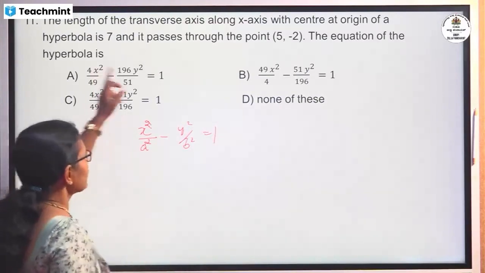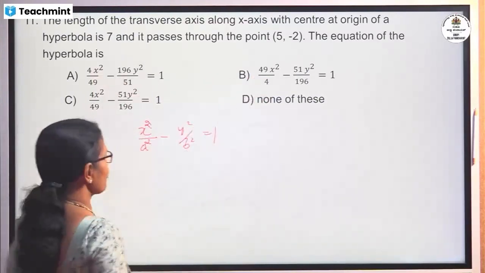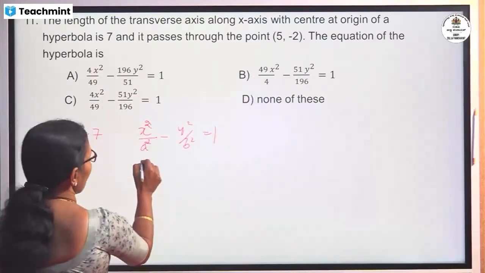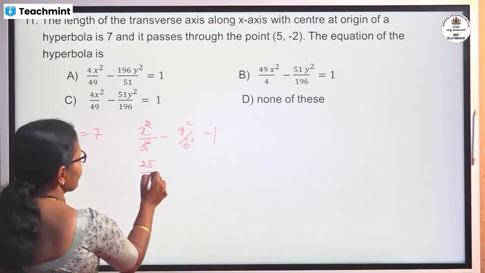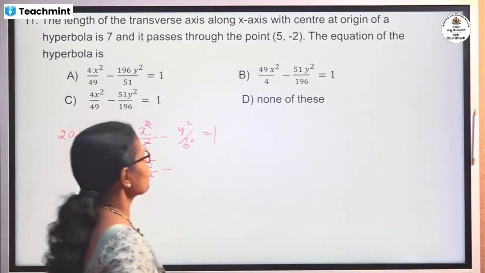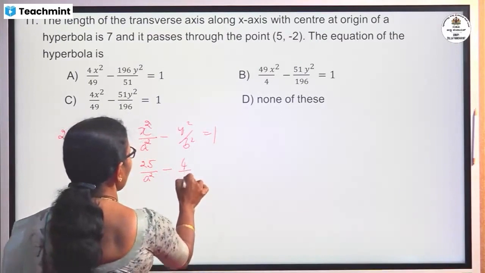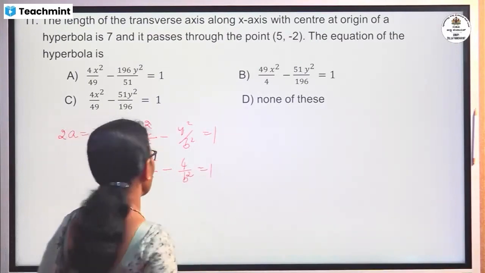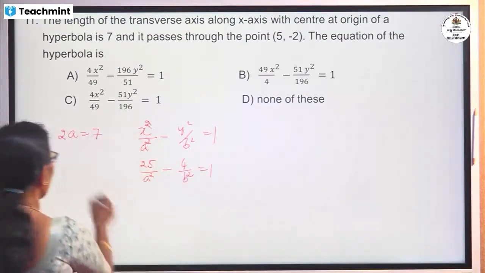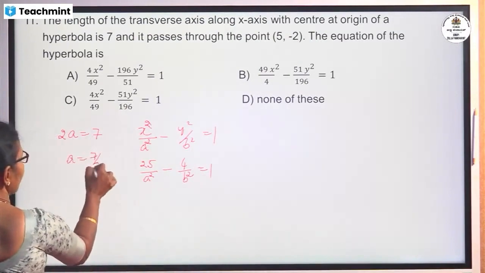Now it passes through the point 5 comma minus 2, means x is equal to 5, so 25 by a square minus y square means 4 divided by b square is equal to 1. Now we know the value of a, a is equal to 7 by 2.